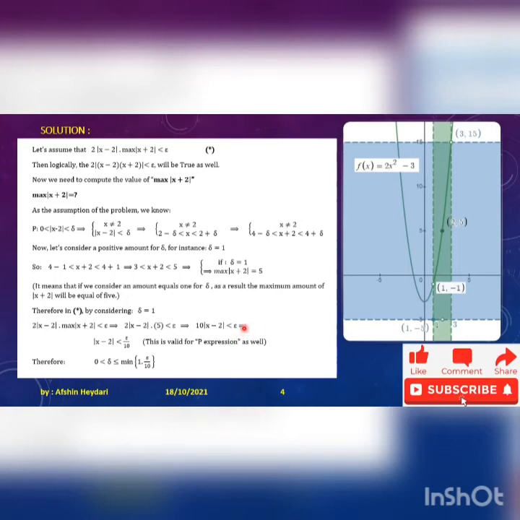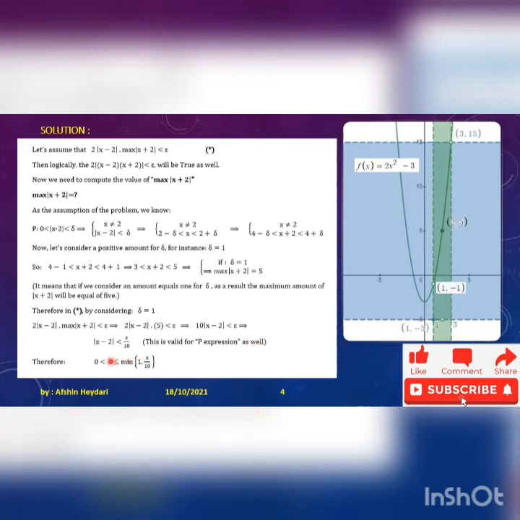And as a result, the absolute value of x minus 2 is less than epsilon over 10. This is valid for the P expression as well.